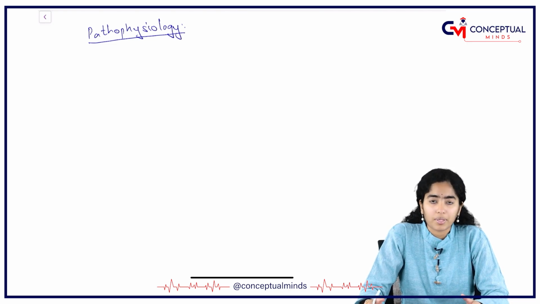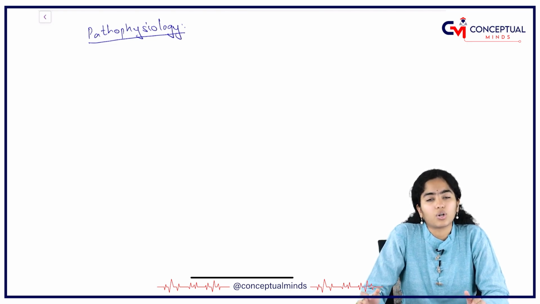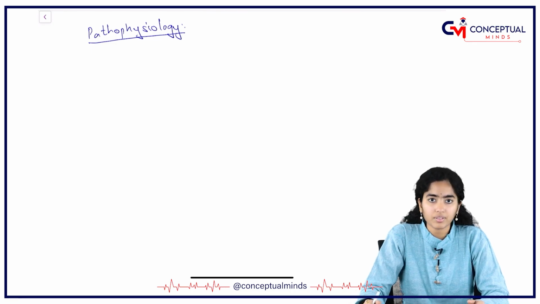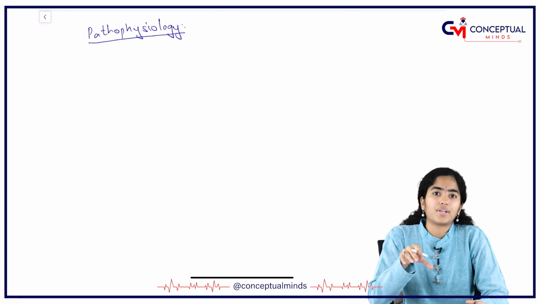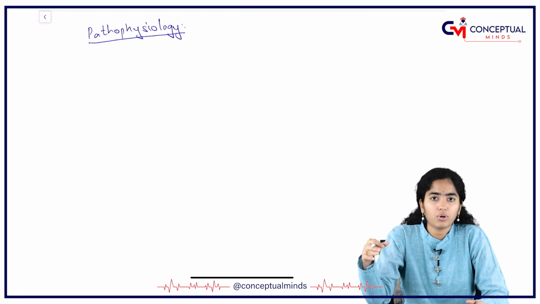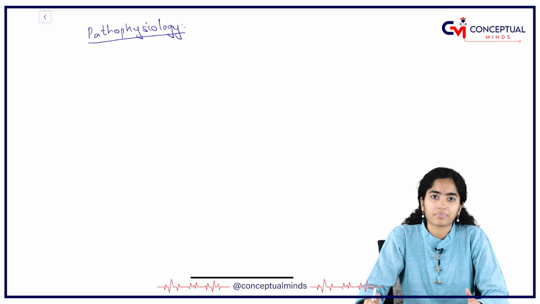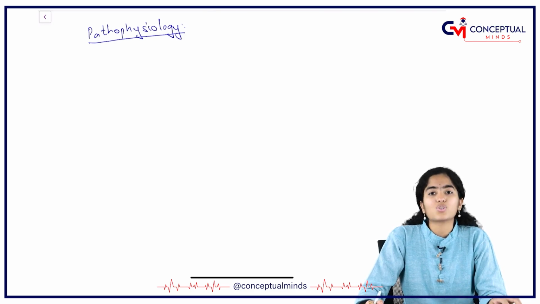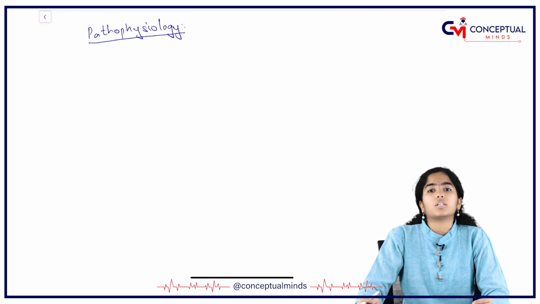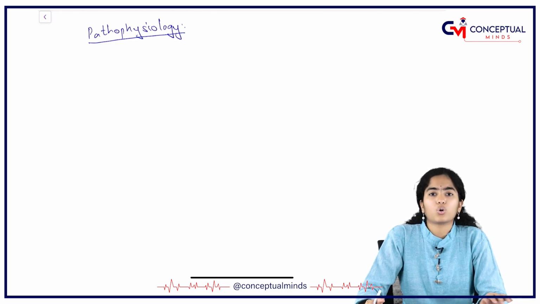Dense bone is formed, but even then it is not in the normal physiological way. There are a few areas of dense bone, a few areas of spongy bone. Finally, it's a completely disorganized structure that is not functional. So this is about the pathophysiology of otosclerosis.